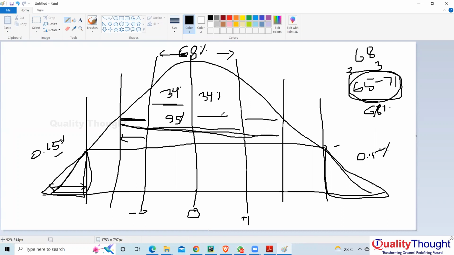So what we do is we convert the values into Z score. Z score is 0 at the mean, it is exactly 0. Here it is +1, -1, +2, +3, -2, -3. Based on where your value lies, it gives us a Z score.